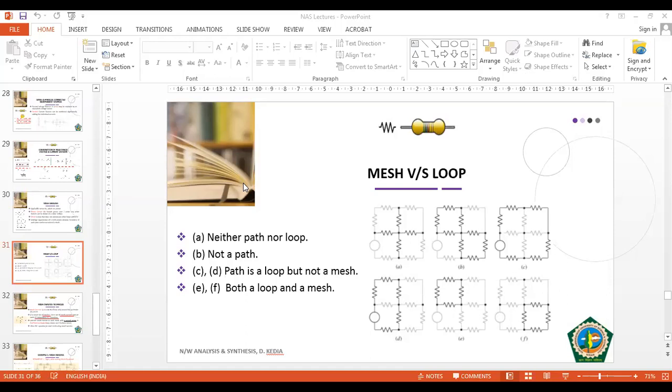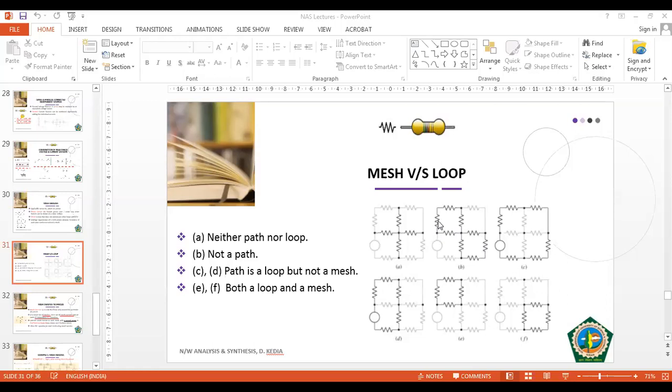Sir, is figure B a mesh? Just a minute. See, no, it's not a mesh, because you should not consider these as two; you can say that this is a single circuit in a way.